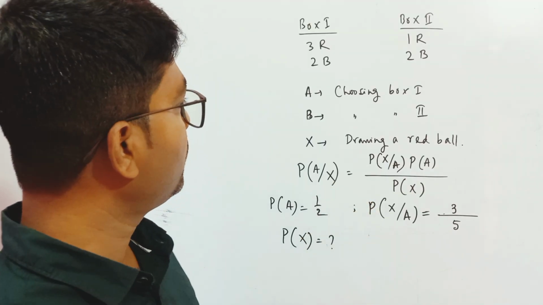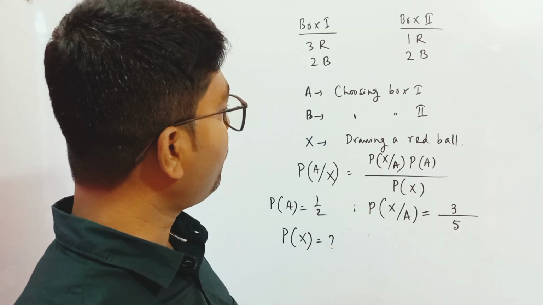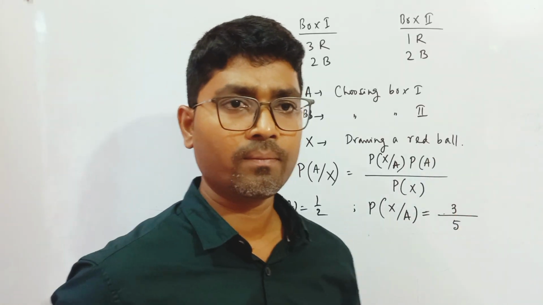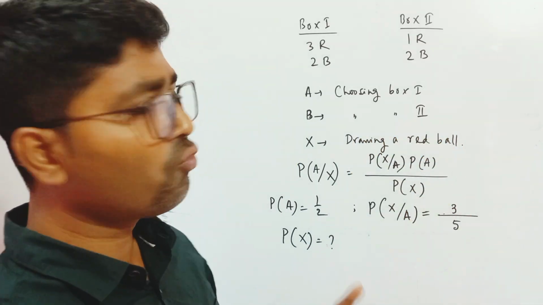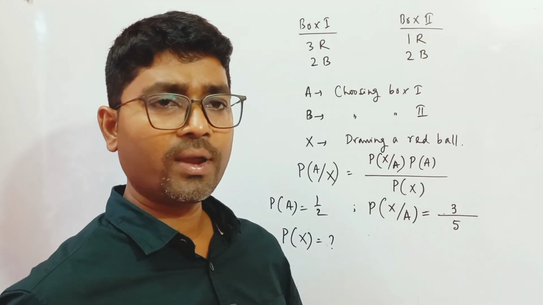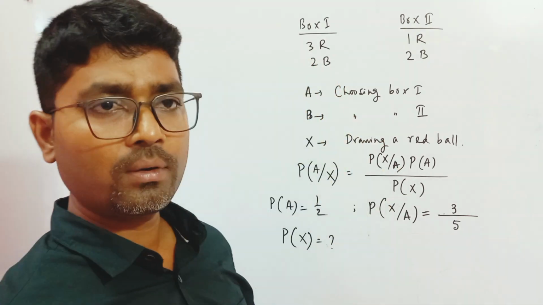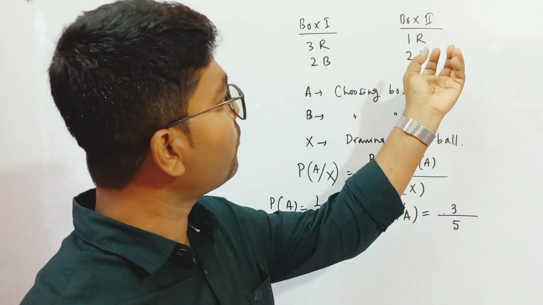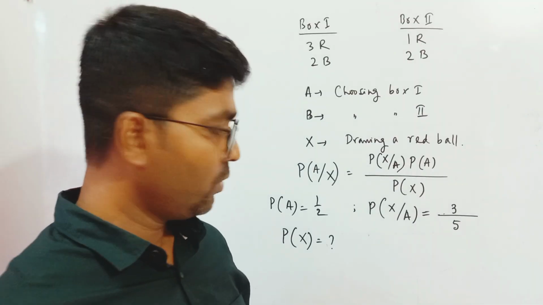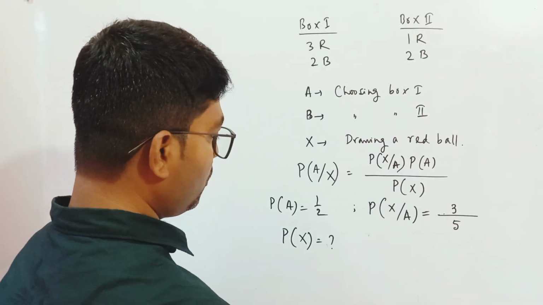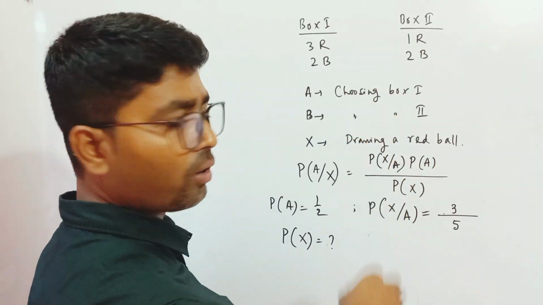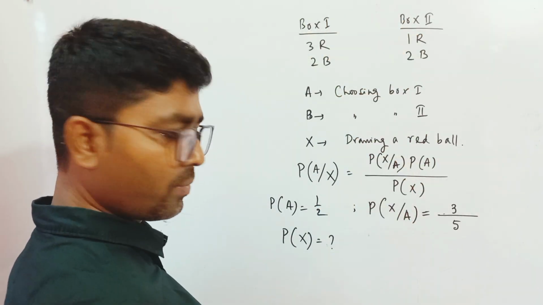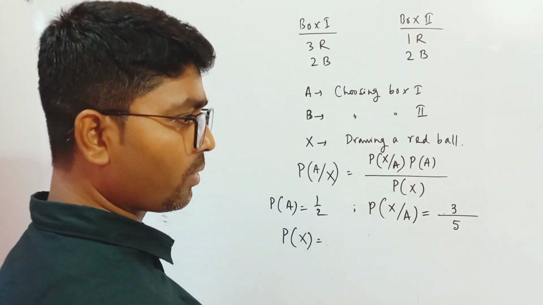What is this? This is the probability of drawing a red ball. Now this event may happen in two ways. We can draw a red ball from box 1 or we can draw a red ball from box 2. So this is the total probability of drawing a red ball from the boxes. What is its value?